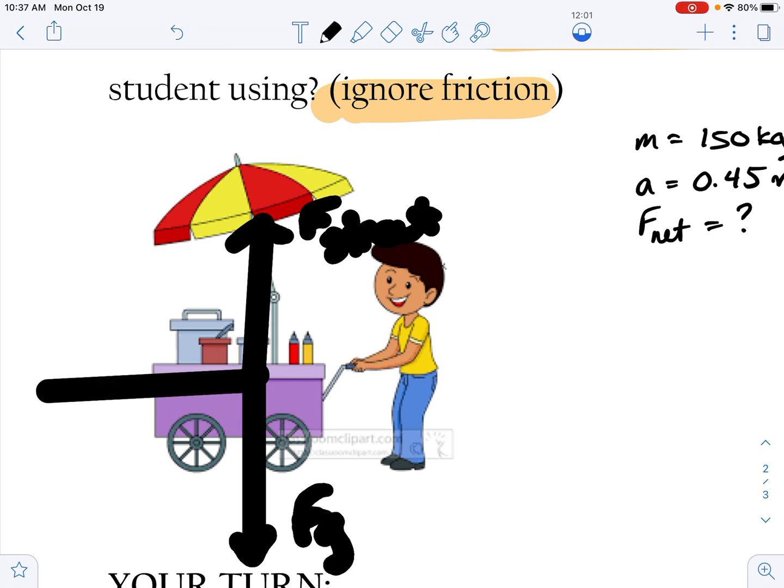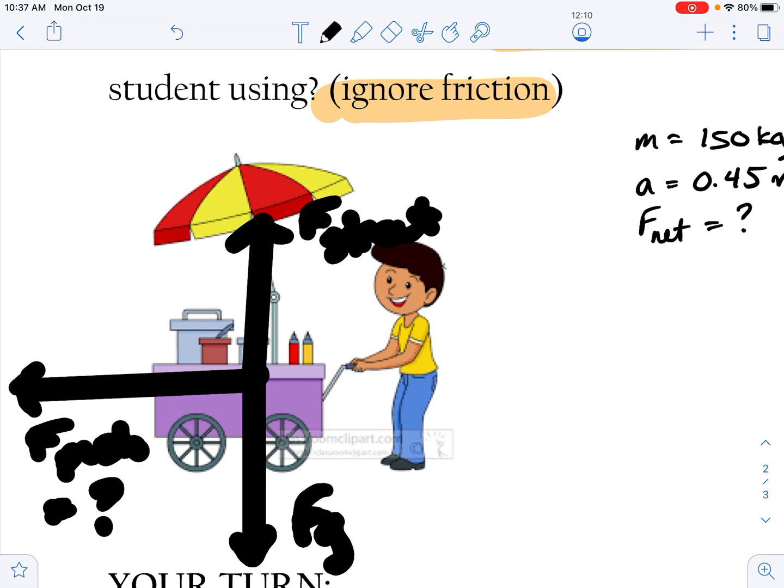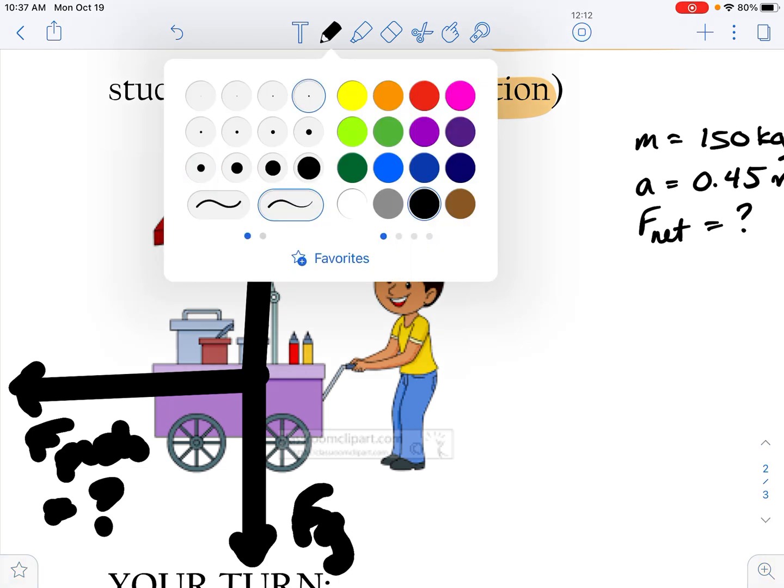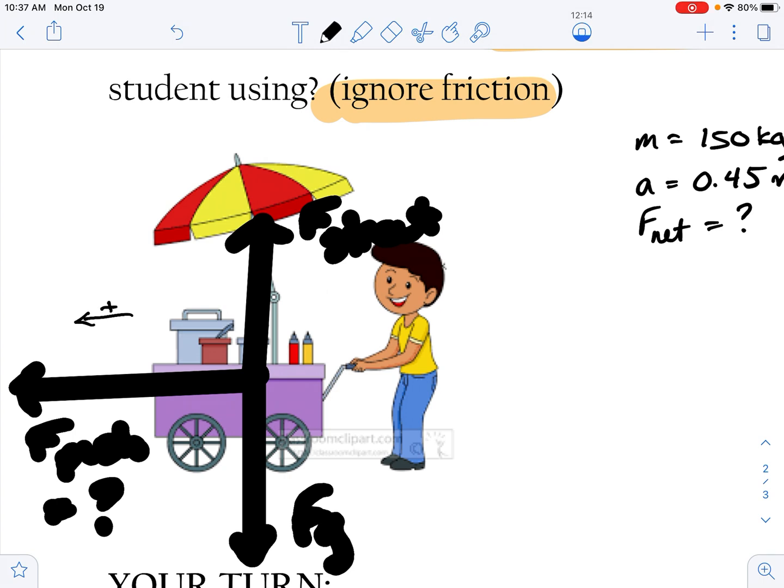I have a pushing force going in this direction. And I know that that is what I'm looking for. I also am going to decide that this direction is positive because I like to work with positive numbers.